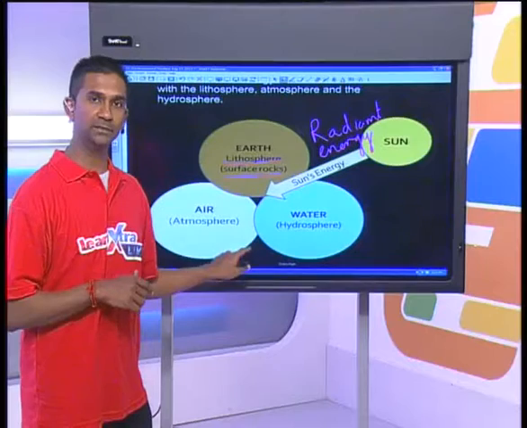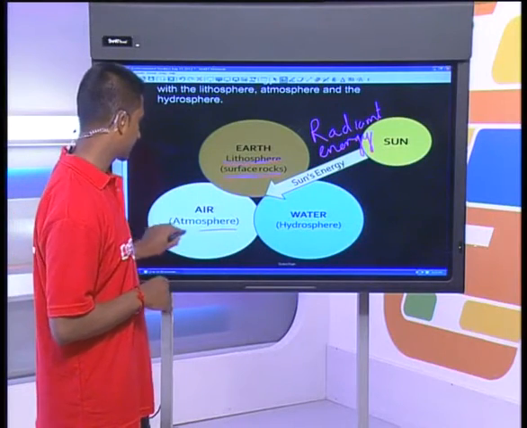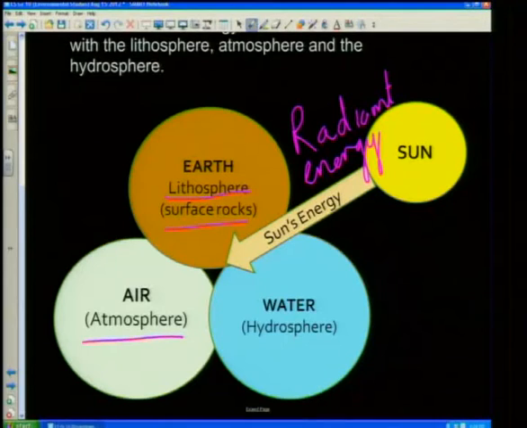The air forms the atmosphere, and that is the air that we all need essentially for oxygen, and plants need carbon dioxide for photosynthesis. We also have life in the water, and we refer to that as the hydrosphere. Hydro refers to water, and sphere, the Earth.